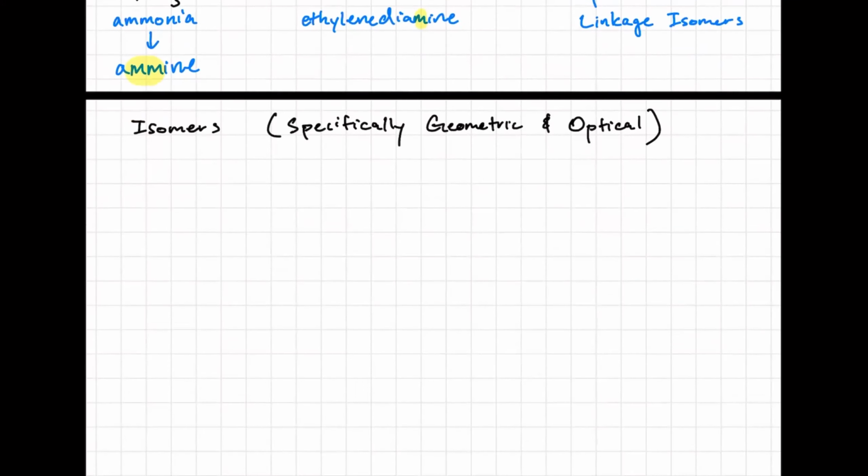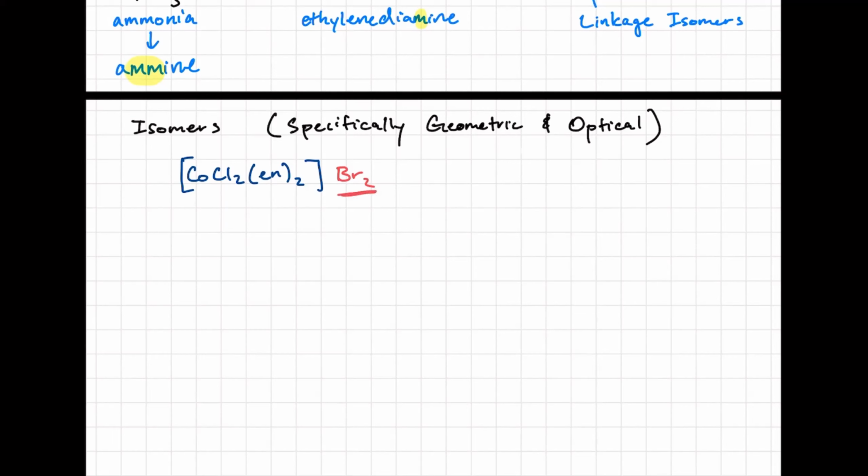But going on to isomers, one example you've probably seen is from your discussion worksheet, where you had to draw something like Co Cl2 en2. You don't really need to worry about the counter ions. For example, you don't need to draw this at all.